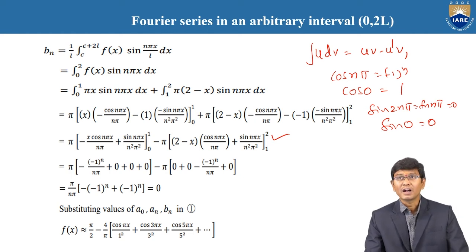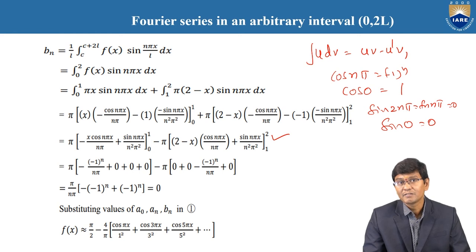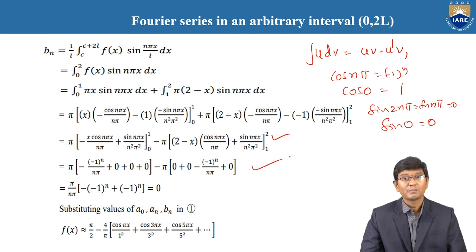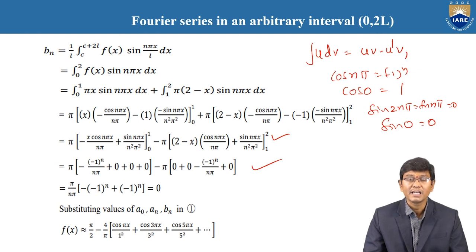Once again, the values are sin 0, sin n pi, cos 0, cos n pi. Together, we clearly obtain pi into minus into minus 1 whole power n by n pi plus 0 plus 0 plus 0, minus pi into, and the other values are also 0, plus 0 minus 1 whole power n by n pi plus 0.